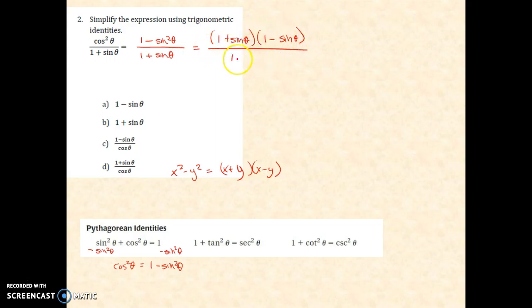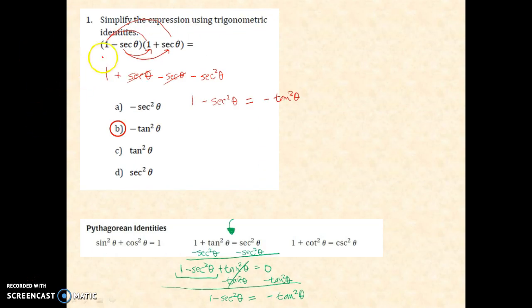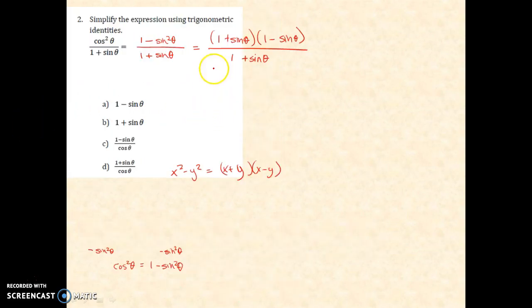And actually, you saw in the last problem that we went in this direction. We had 1 minus secant theta times 1 plus secant theta, and when we multiplied it out, we got a difference of squares, 1 minus secant squared theta. So here we just went in the opposite direction.